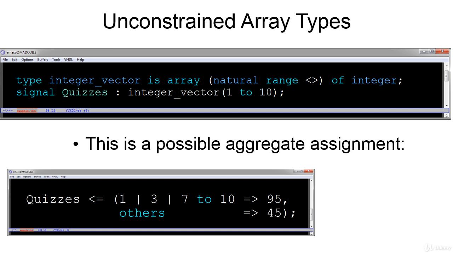So signal quizzes integer vector type from 1 to 10. Here we have an aggregate assignment where quizzes at locations in the array 1, 3, and 7 to 10 is initialized to 95, and all others are initialized to 45.